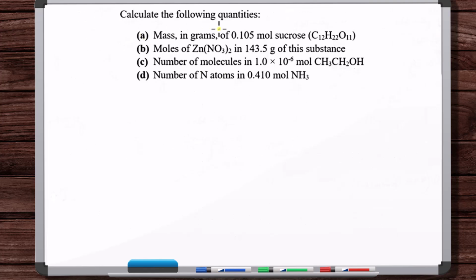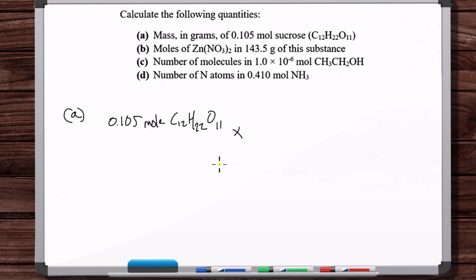Okay, calculate the following quantities. Part A, the mass in grams of 0.105 moles of sucrose. So we start off with 0.105 moles of sucrose. Now if we want to convert this to grams, we just need the molar mass of sucrose, which is the molecular weight.